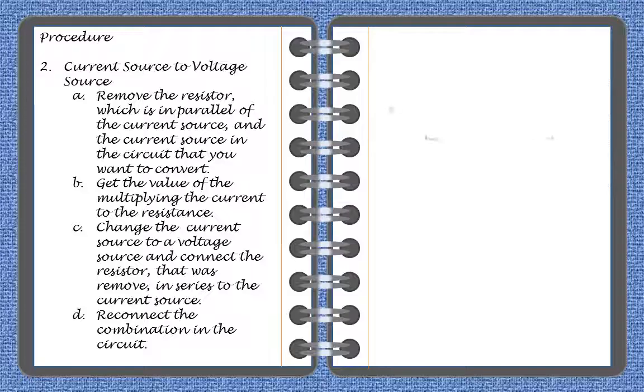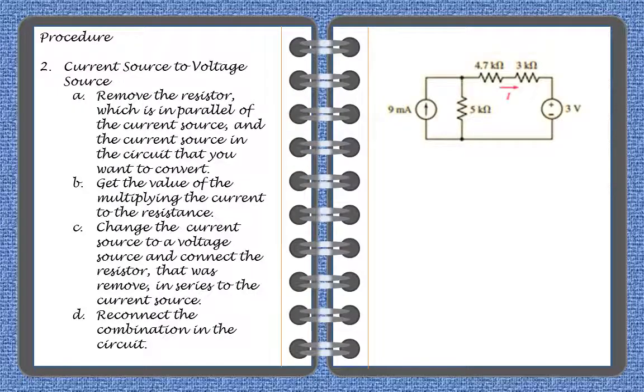Now how can we do it? So here's the example again. We want to put it back to its original circuit. So we're going to remove the current source and the parallel resistor. After removing it, we get the value of the voltage source, which is equal to 45 volts.